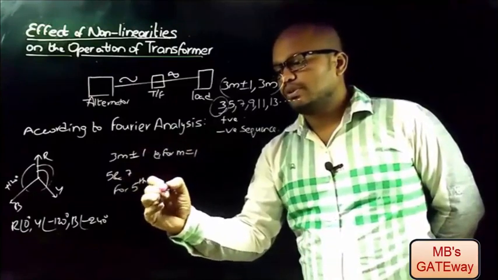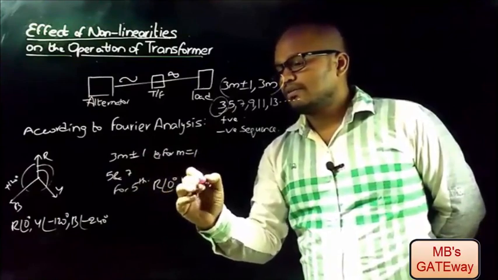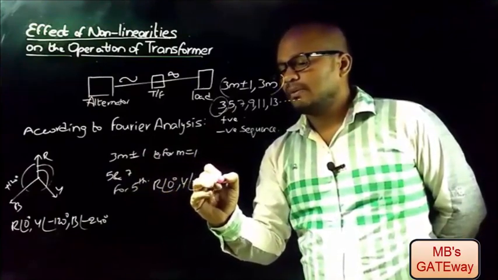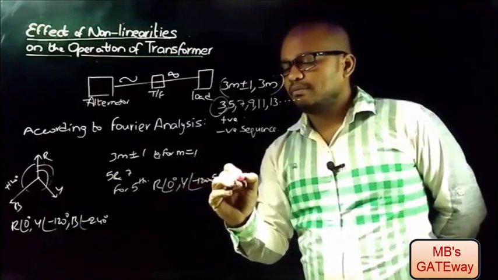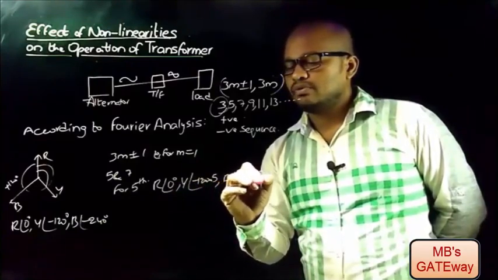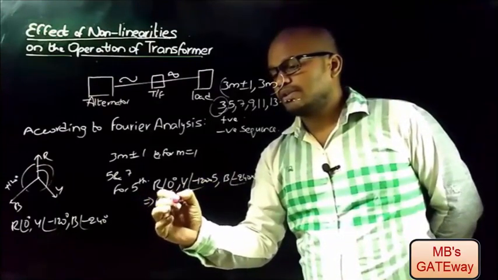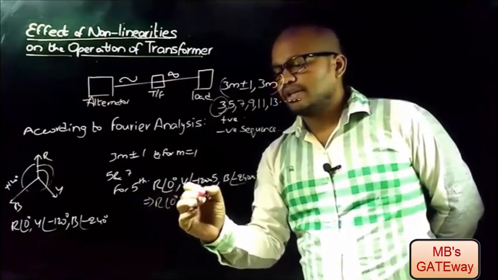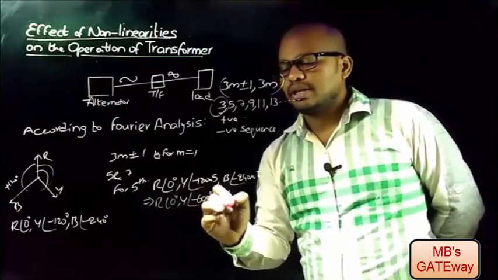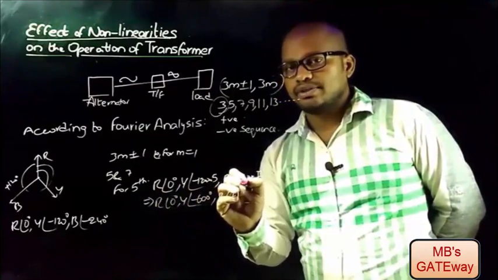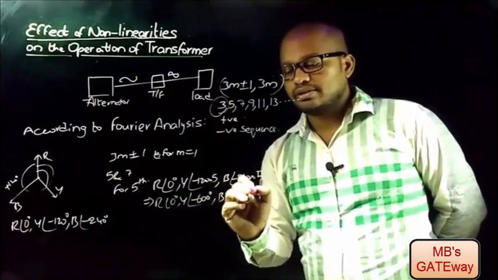For the 5th harmonic, the phase sequence is R at an angle 0 degrees, Y at an angle minus 120 into 5, and B at an angle minus 240 into 5. That implies R at 0 degrees, Y at minus 600 degrees, and B at minus 240, which can be represented as plus 120, so plus 120 into 5 is plus 600 degrees.